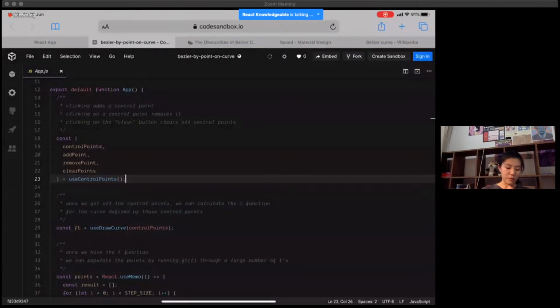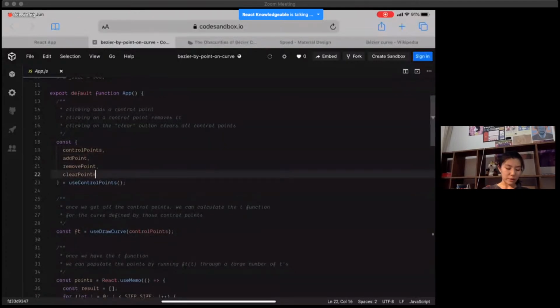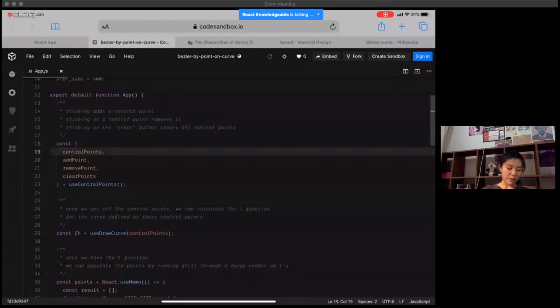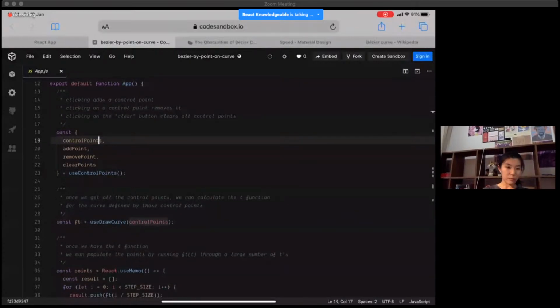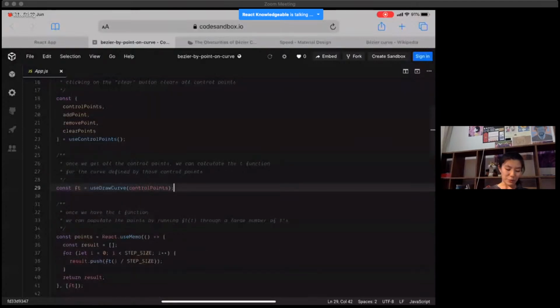What I get out of here is a few utility functions or callback functions, but what is really important are the control points. So after I get this control point, by the way, can everybody see the code? Well, I'm not hearing complaints, so I'll just assume that everybody can see the code.